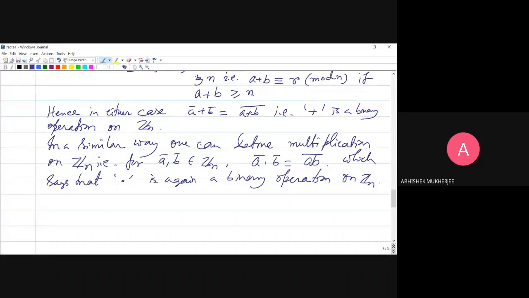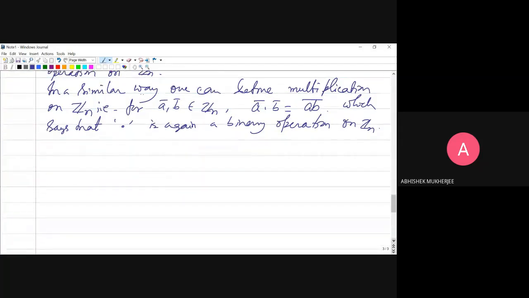Now I would like to define some aspects on binary operations which will lead to the definition of groups.